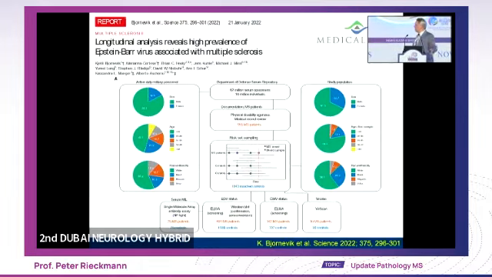And they were also matched for other parameters like gender, genetic background, and also age. And then they did different analyses, of course, the Epstein-Barr virus serology and a similar virus, which has a similar epidemiology, also affecting mainly younger ages, cytomegalovirus.